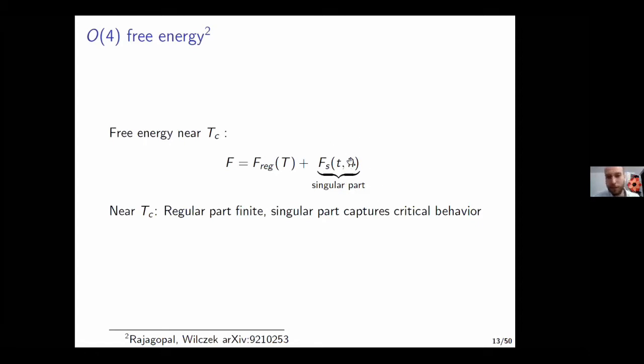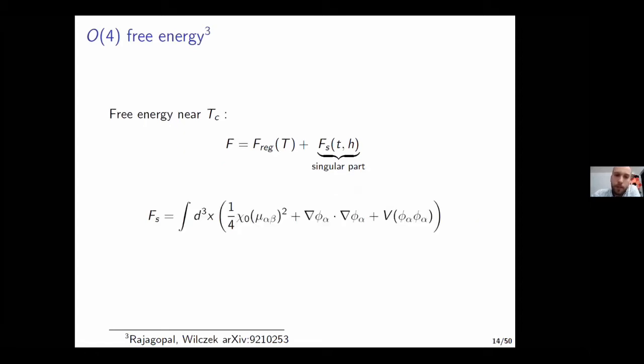So we're going to focus on studying and understanding this in more detail. This is what we would write down as our singular piece. The regular part comes from QCD, and this is the superfluid part.